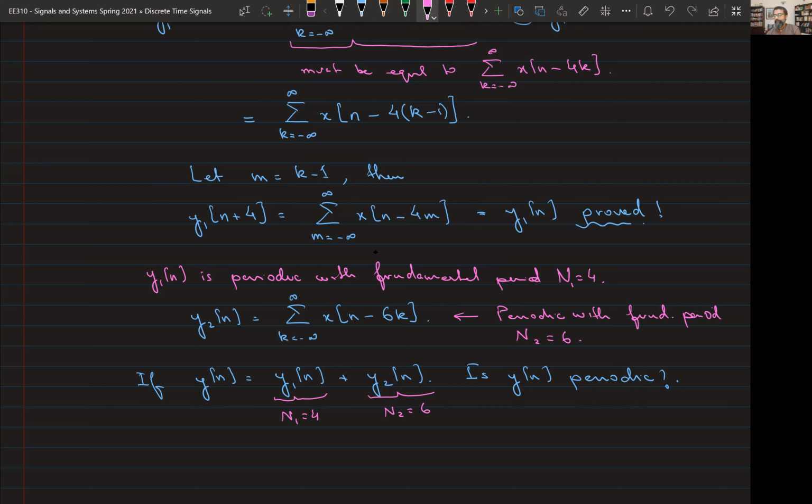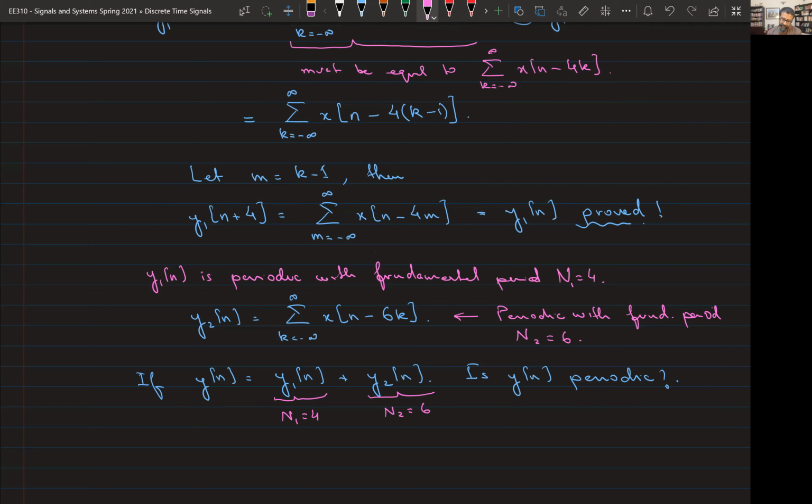Hamza Rashid says it's periodic. Good, right, Hamza? What will the period be? We've done some things like these. Sir, the way we did it in continuous time signals, we took the LCM of both periods, we can do the same here. Excellent. So that's 12, right? People go about this with the LCM of 4 and 6.